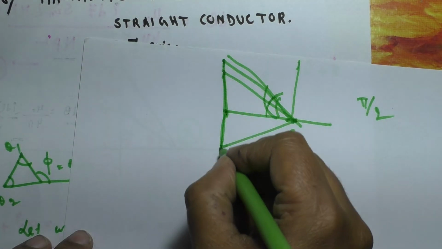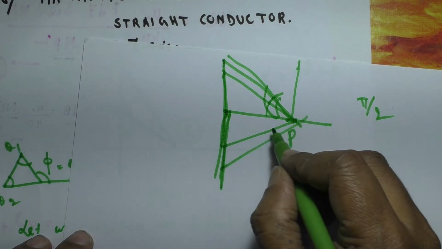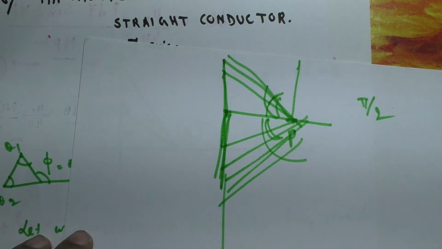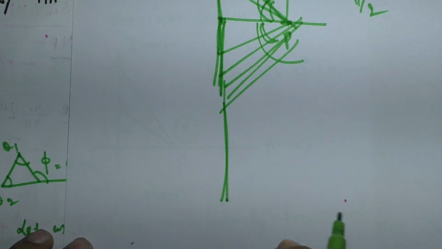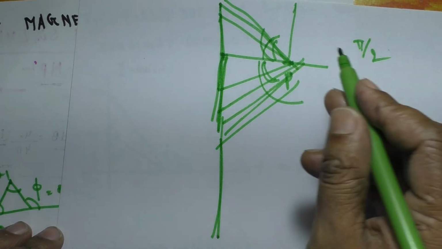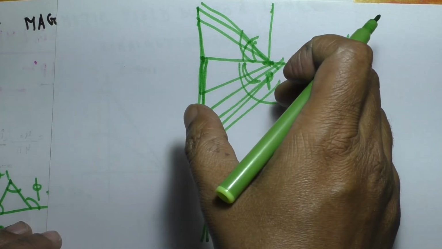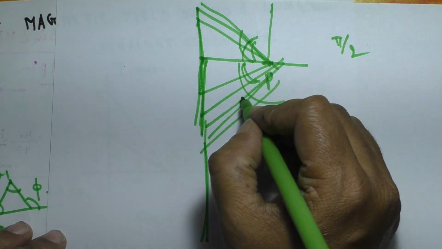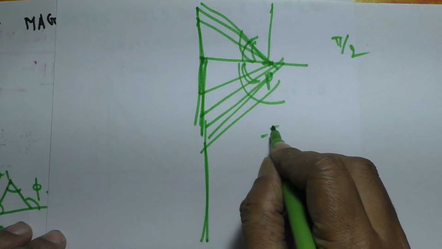And if we increase the line in the downward direction, the angle will also increase. For so long length of the conductor, this angle will be pi by 2, and due to the movement of this line downward, the angle will be minus pi by 2.